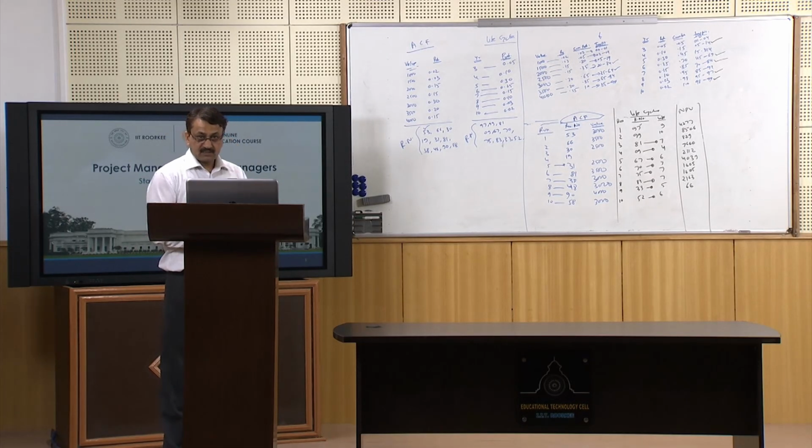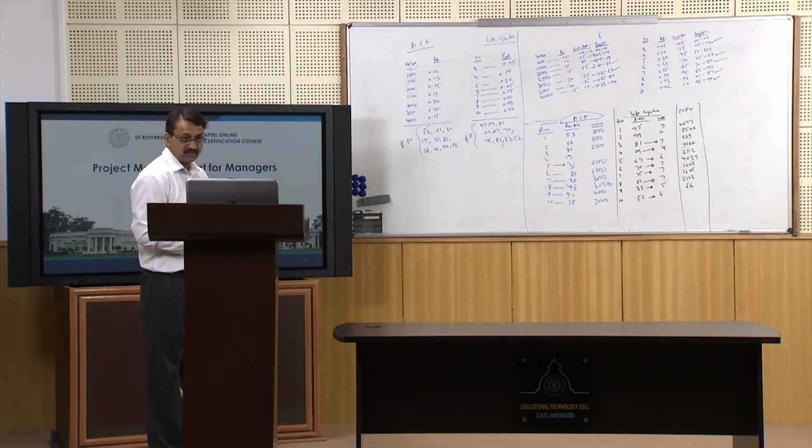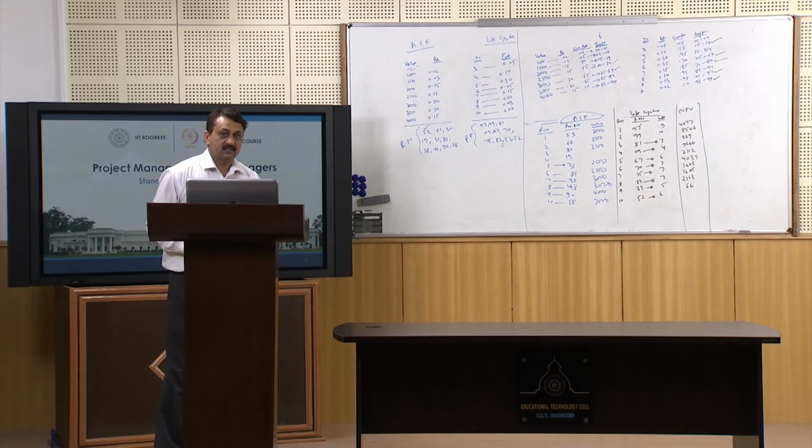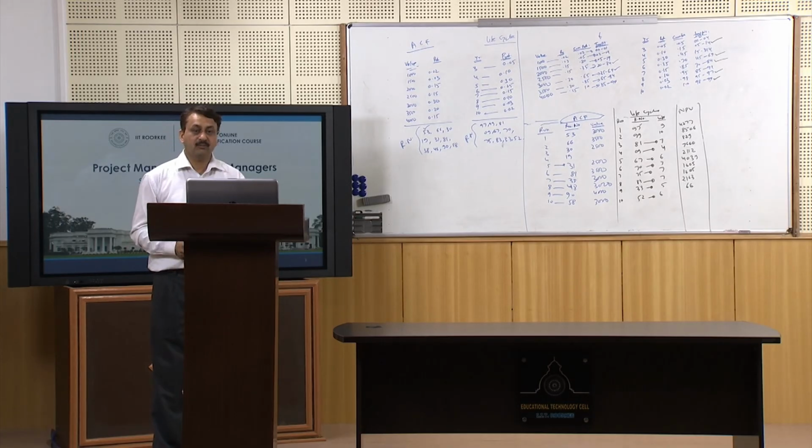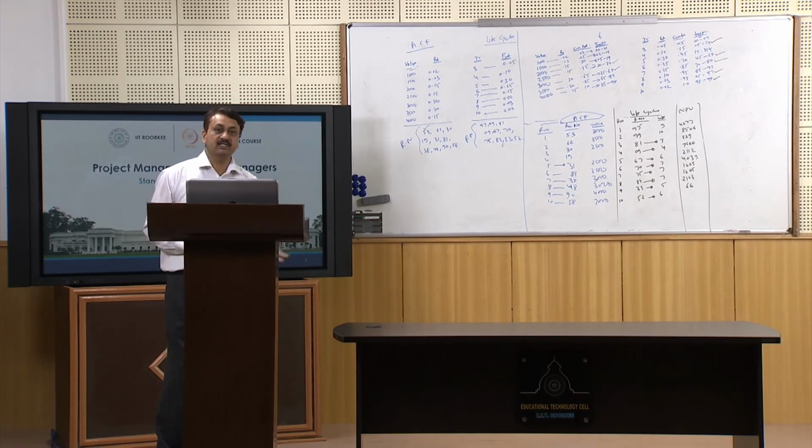Let me summarize what we did in this particular method. Simulation analysis, as I said, is to be used in a situation where it is highly complex. You have some controllable variables and some uncontrollable variables. For uncontrollable variables, you have their probability distributions.